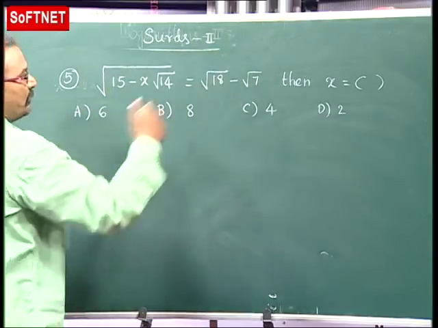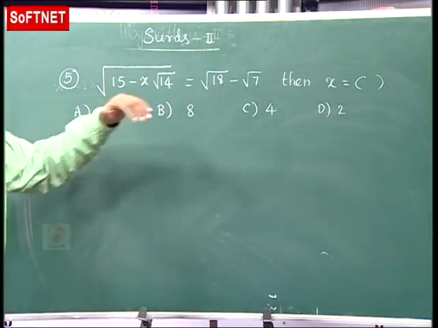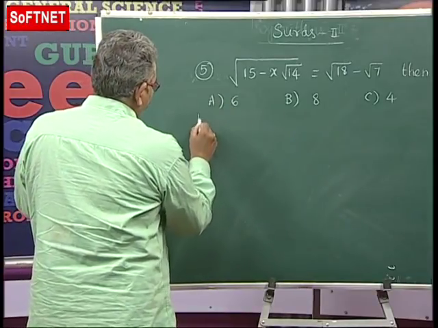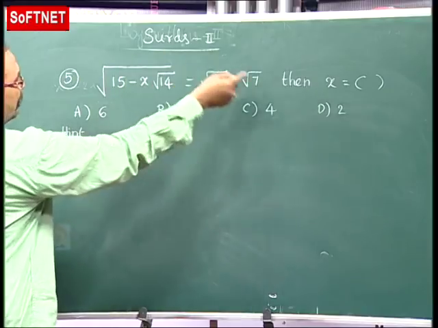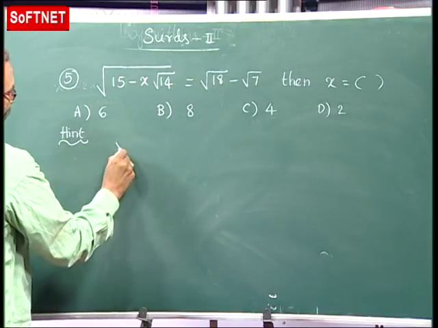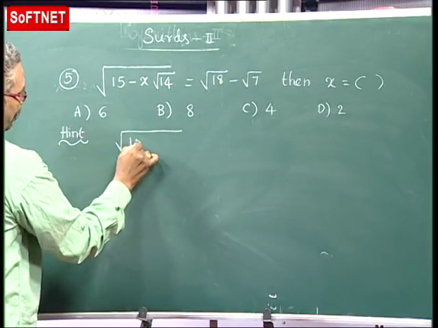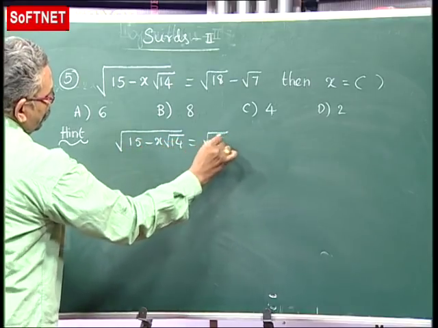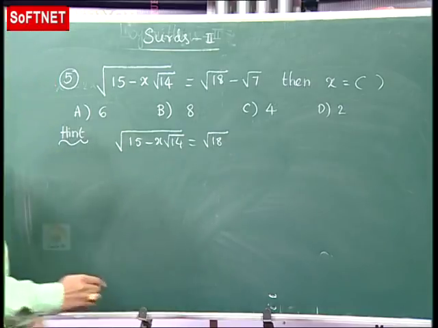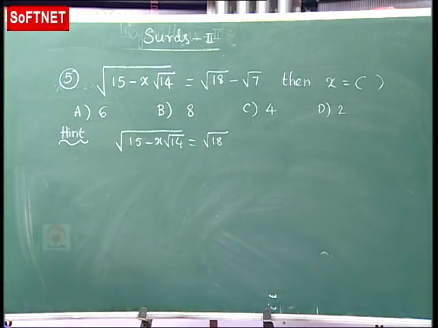Now squaring on both sides we get the x value in this case. So squaring on both sides, square root of 15 minus x root 14 equal to root 18 here. So 1 minute, wait for the problem.